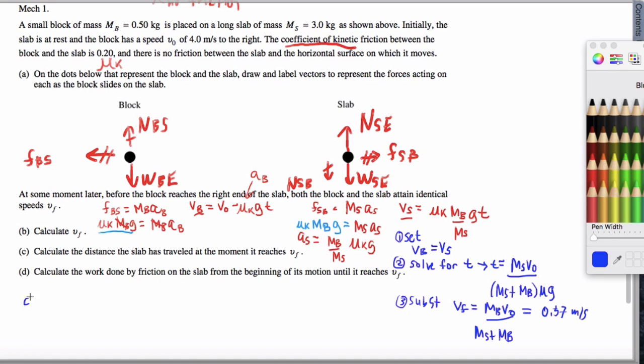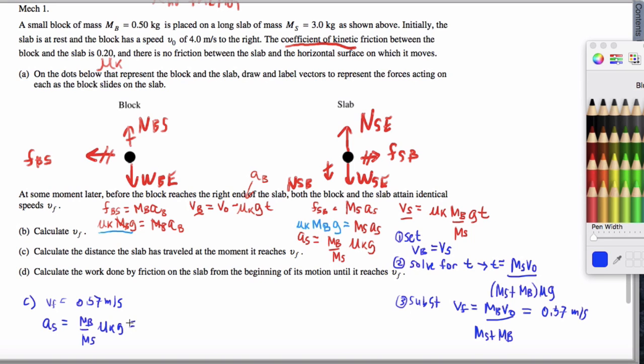Now for part C, you're going to get that the common v is 0.57 meters per second. We've got the acceleration of the slab as mb over ms times mu k times g.